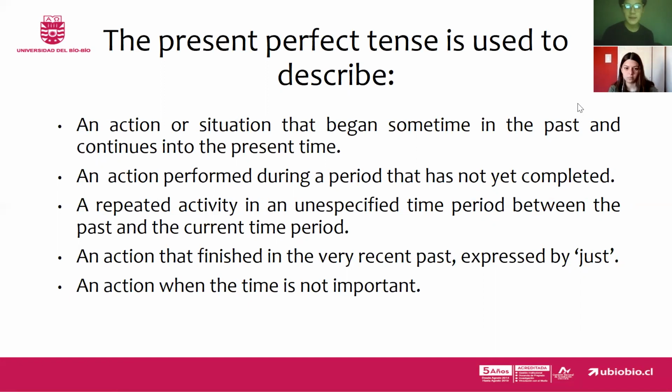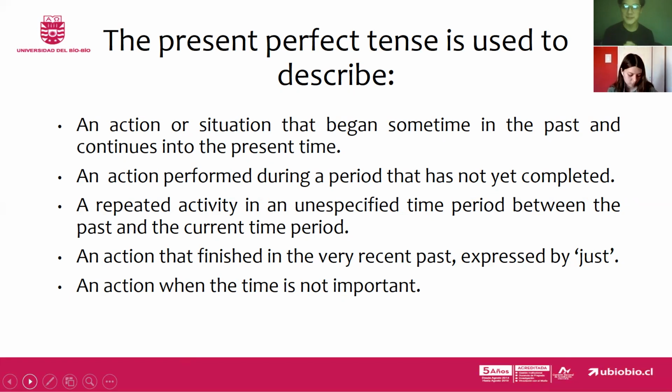The next one is an action that finished in the very recent past, expressed by just. In this case, we can express an action that we have just finished. For example, Antonia has just explained the form of the tense. In this case, she just did it.